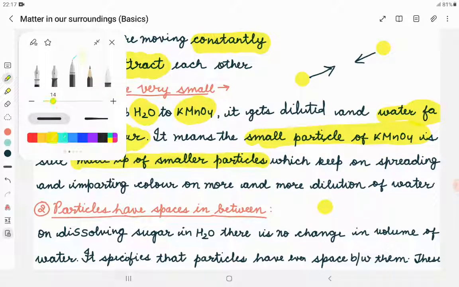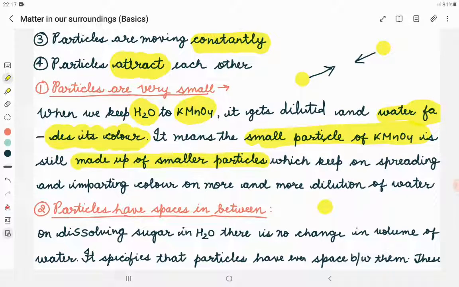Now see, if this is our KMnO4 particle, here we still have more small particles around this, which can keep on diluting as we add more and more water.